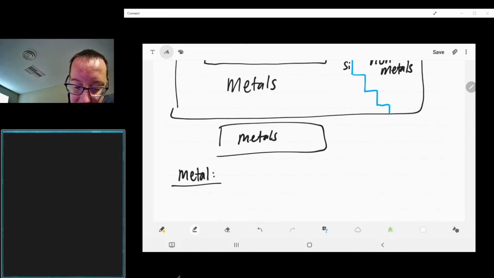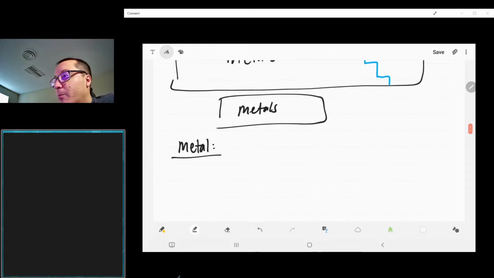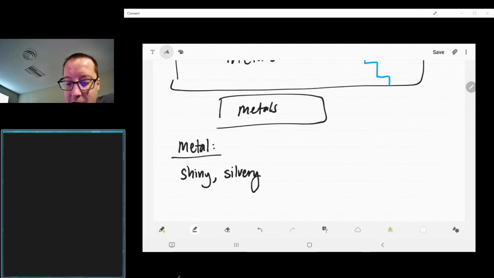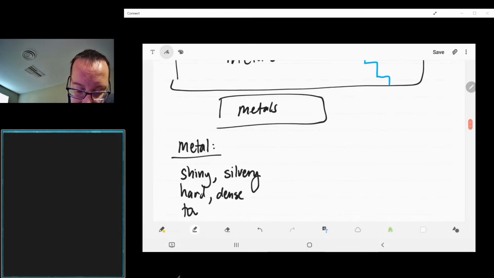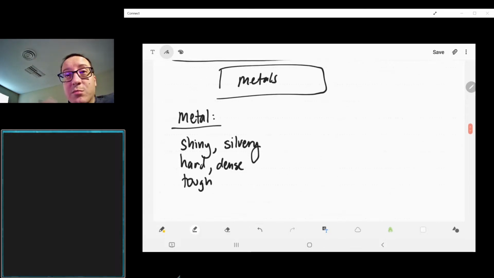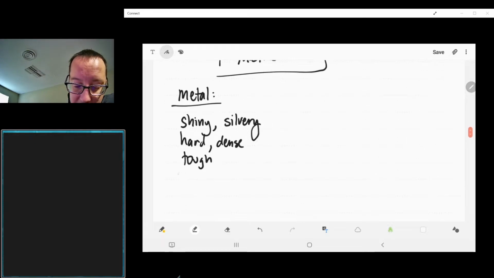So when we think of metals, probably a couple things come to mind. If you just think about metal, you probably say, okay, it's shiny, silvery, hard, dense, tough, like hard to break. These are typically malleable, which means we can flatten them.